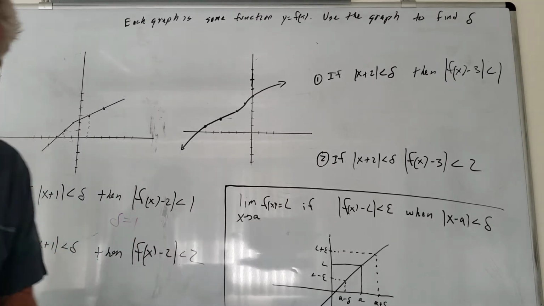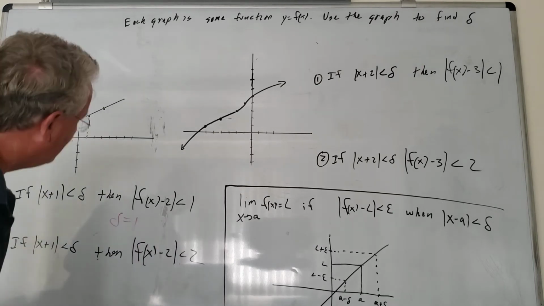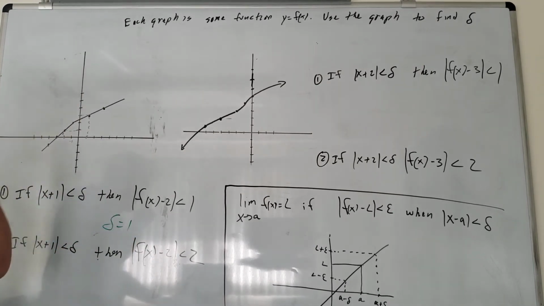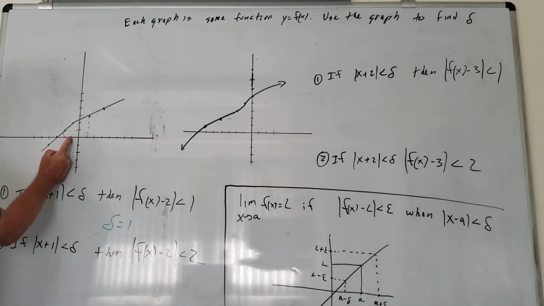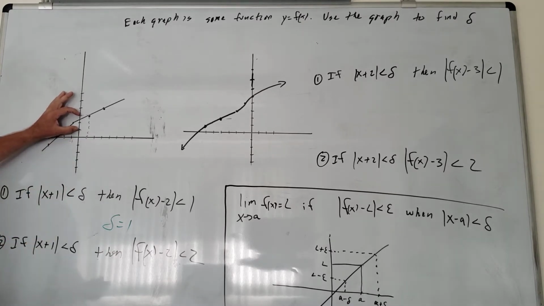It's not showing up very good. Let me use a different color. So delta is equal to 1. Now why does that work? Because let's say delta is 1.5. If I go 1.5 to the left, that's right here, and notice when I go up to my graph and over, I am not inside that epsilon neighborhood.